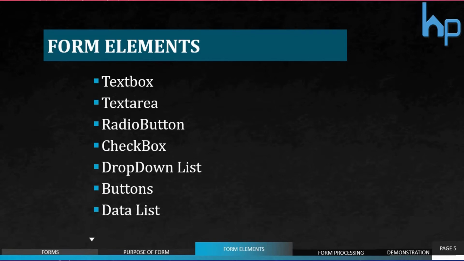So as you know very well, a text box is a simple control that accepts a sequence of characters, right? Whereas a text area is also similar to your text box, but it can accept more characters than your text box. And radio buttons and checkboxes are similar.